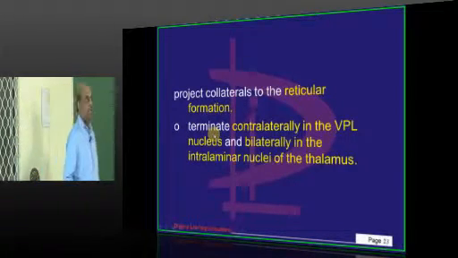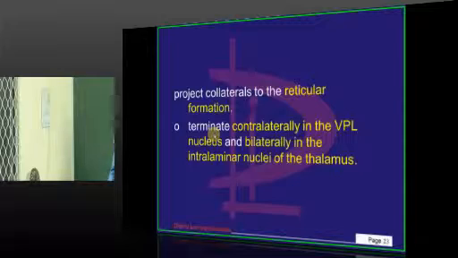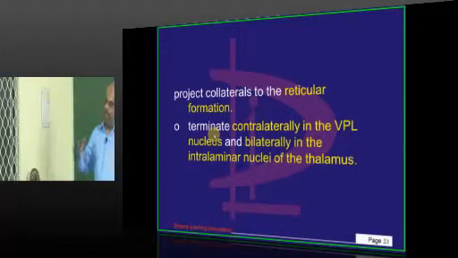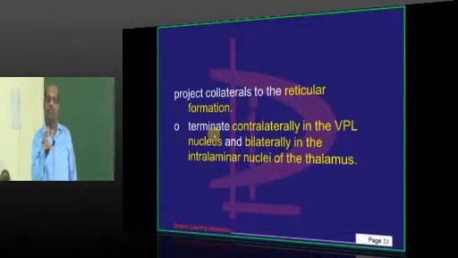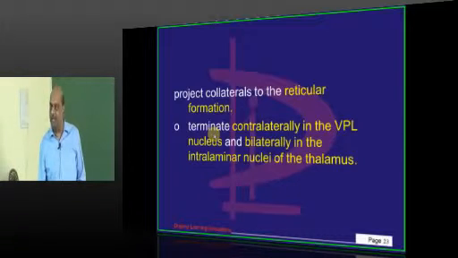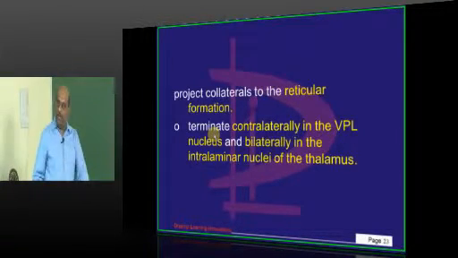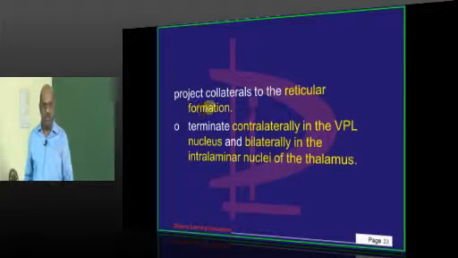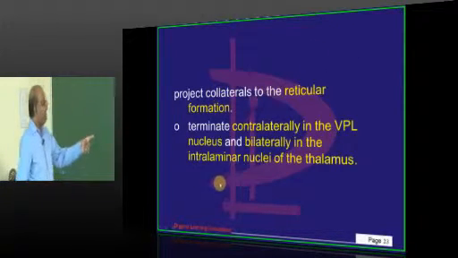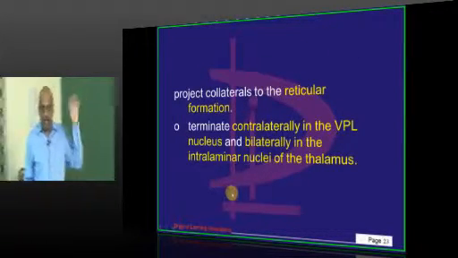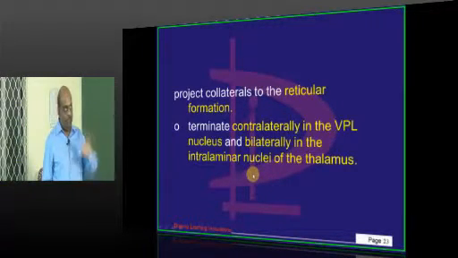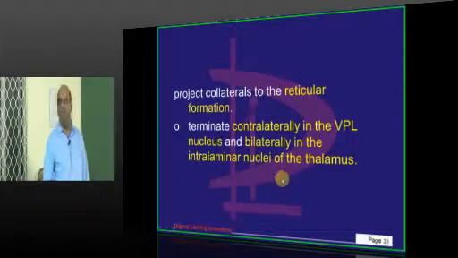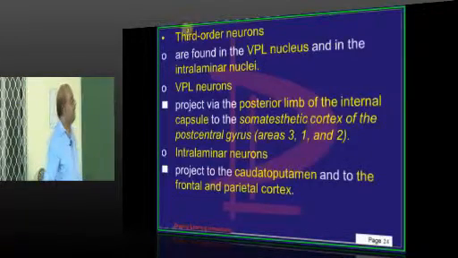When the lateral spinothalamic tract decussates and reaches the contralateral thalamus, it innervates two kinds of nuclei: one is the VPL nucleus, just like the dorsal columns, on the contralateral side only, but bilaterally it will end up in the interlaminar nuclei of the thalamus.